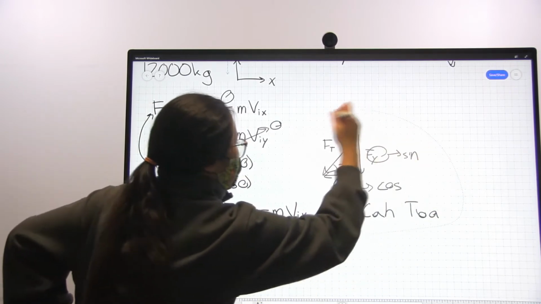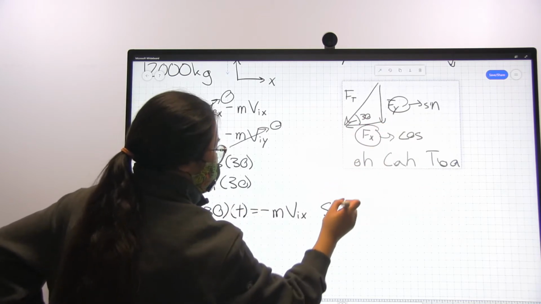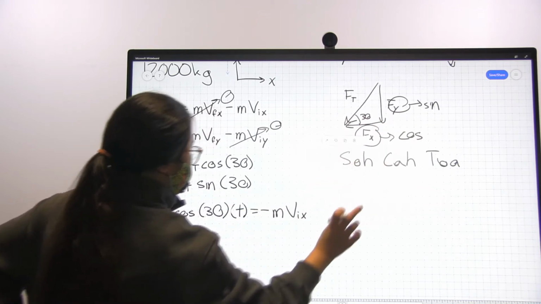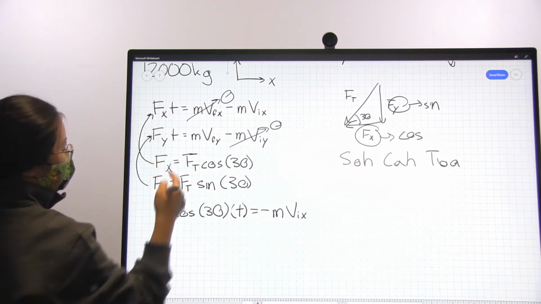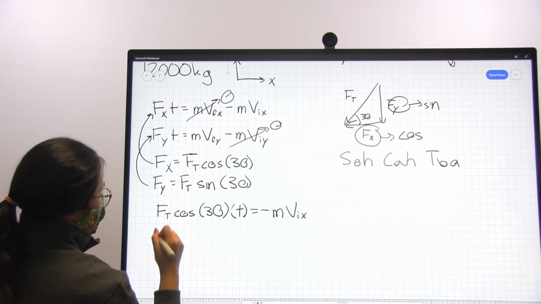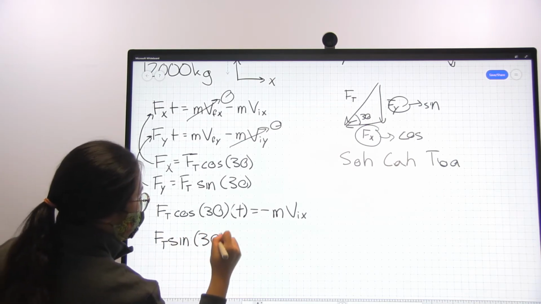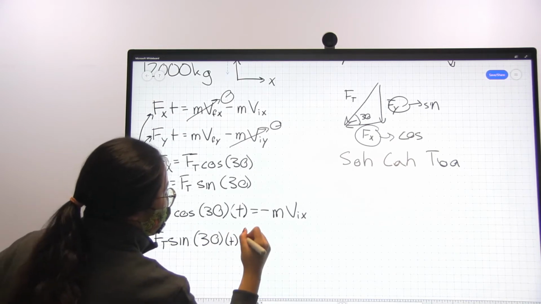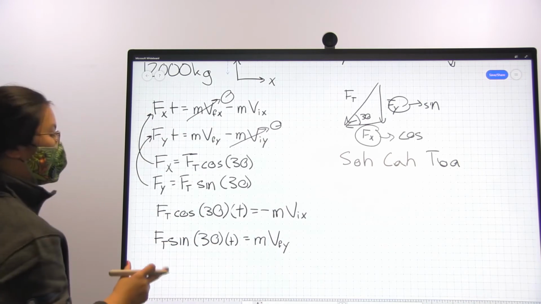Let me just move that over there. Then in our y direction, I'm going to substitute this into there. F_t sine 30 times time is equal to m v final y.